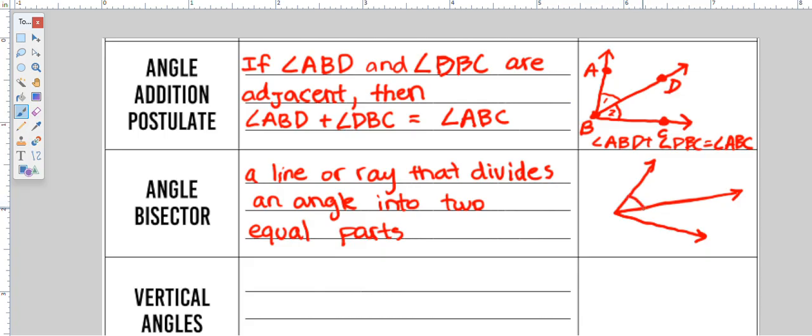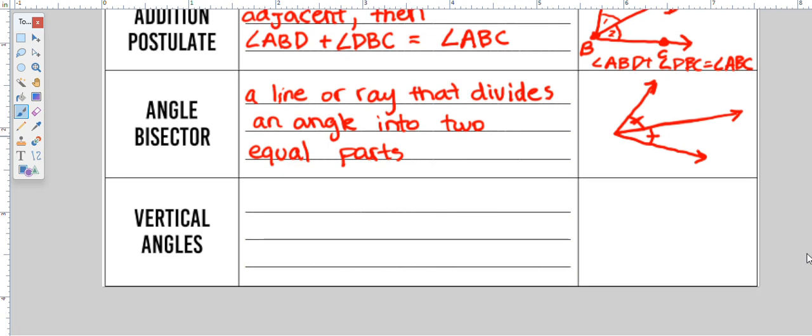What it is doing is cutting the angle in half. That's why both of these angles are congruent. We know they're congruent because I have marked them with one tick mark each. The one tick mark is how I denote that they are congruent to each other. This is an angle bisector.